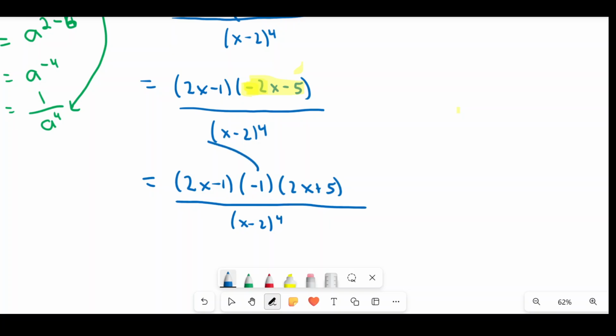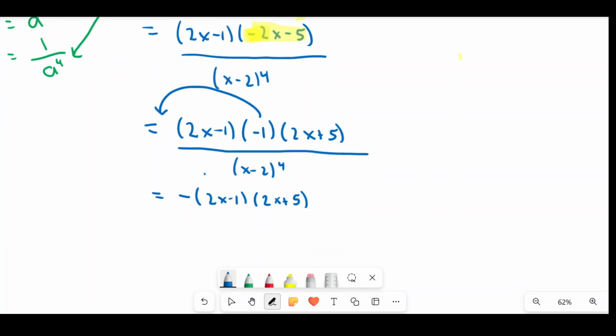And then that negative 1 should really be written in the front like this. You just don't leave it in the middle like that because it's the monomial part of that numerator. So you want it before the brackets. So this is the derivative in fully simplified form.